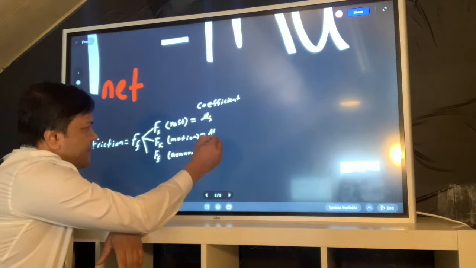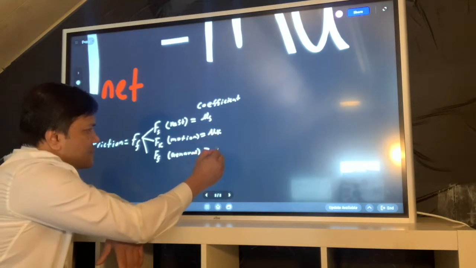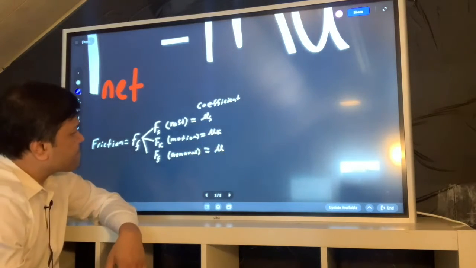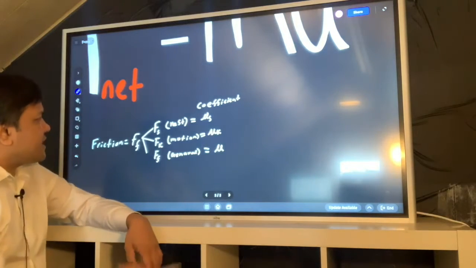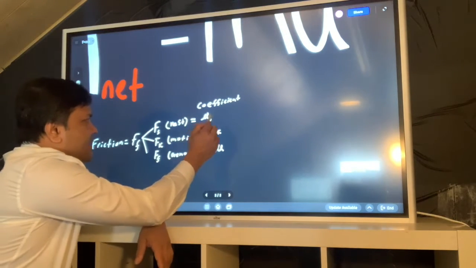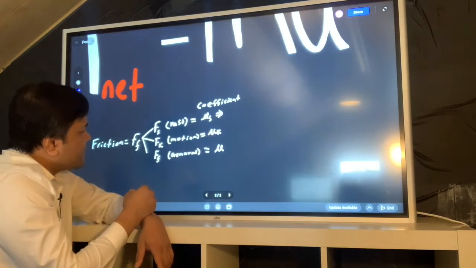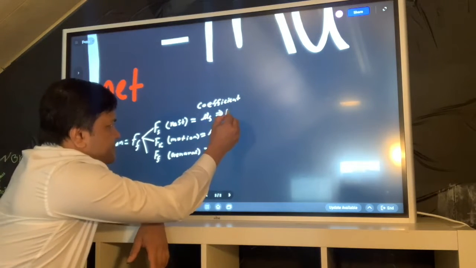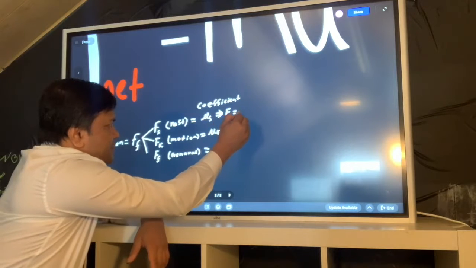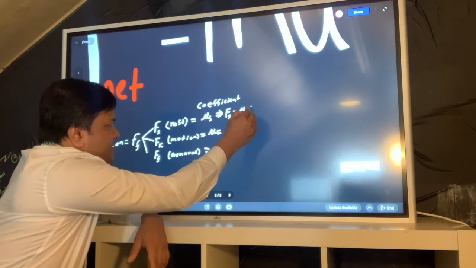Then mu k for kinetic, and for the general case, it's just mu. So what would be the equation for static friction? It would be Fs is equal to mu s Fn.